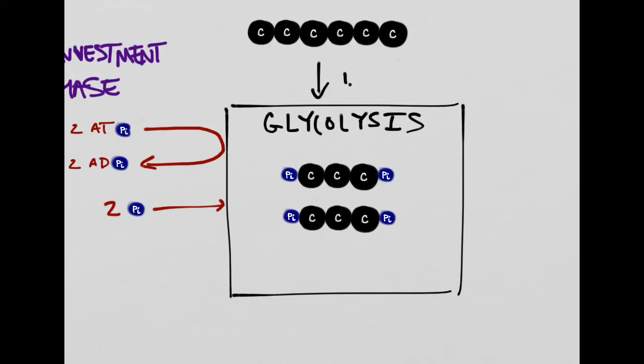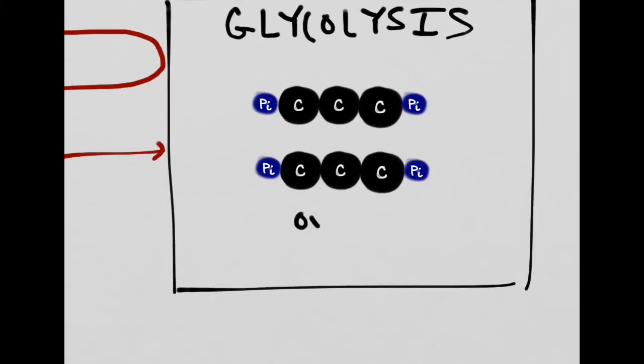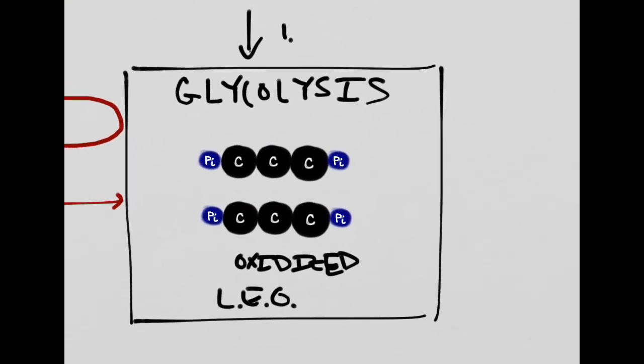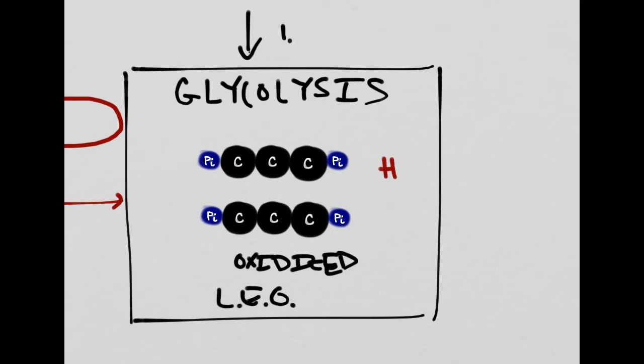So perhaps most importantly, in the process of splitting this carbon into 2 pieces, it is oxidized. And you all now know that oxidation is loss of electrons, LEO. Loss of electrons is oxidation. And so in order for this molecule to be oxidized, it has to lose electrons. So it actually loses hydrogen and an electron.